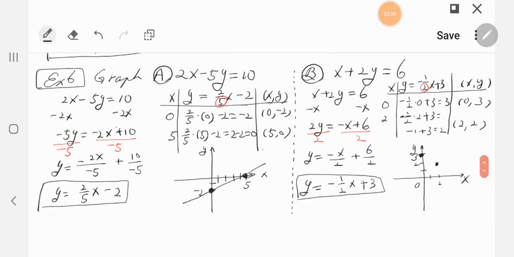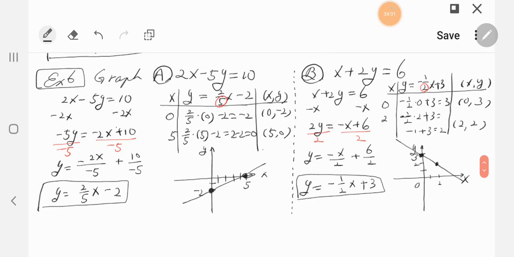So the graph is the straight line containing these 2 points. Make sense? This is how we graph a linear equation. Find the 2 points, graph it. We will learn a much more efficient method in the next example, but we will just follow this instruction.